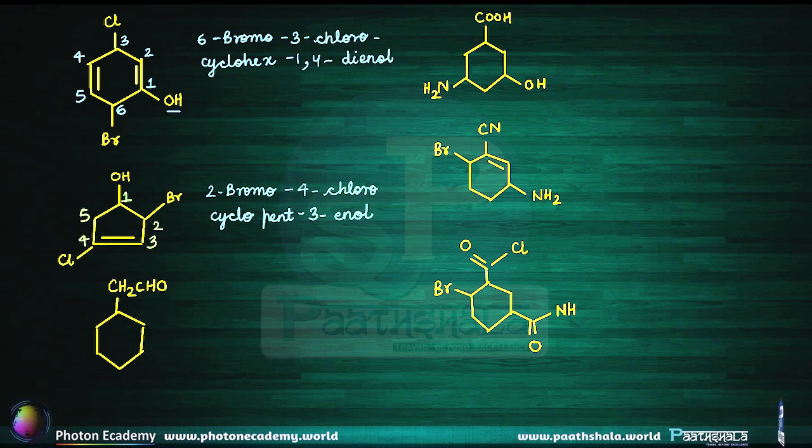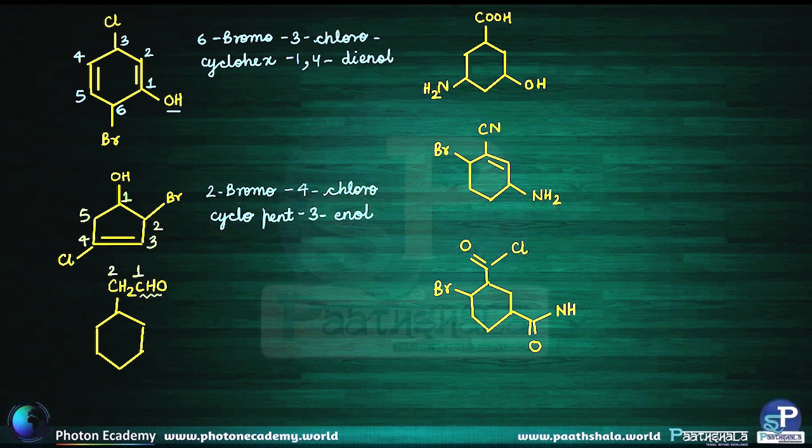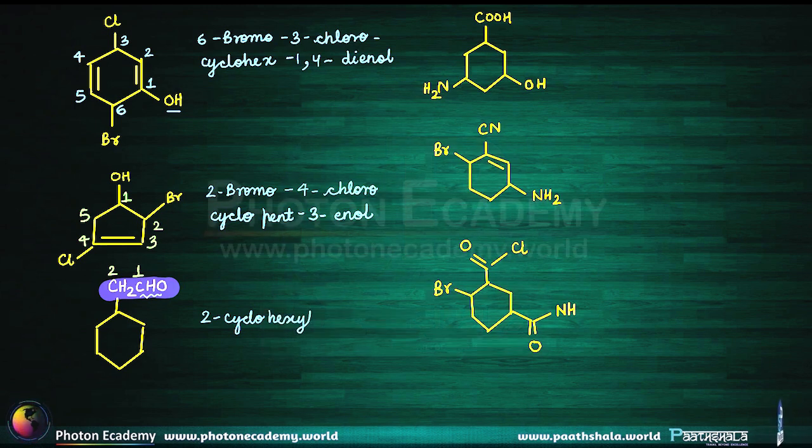Moving on to the next one. In this one, we have CH2CHO at the top, and thus the main functional group is CHO, so 1 and 2. The six-membered ring comes as a side substituent. The major chain here is CH2CHO, and therefore the name of this compound becomes 2-cyclohexylethanal.